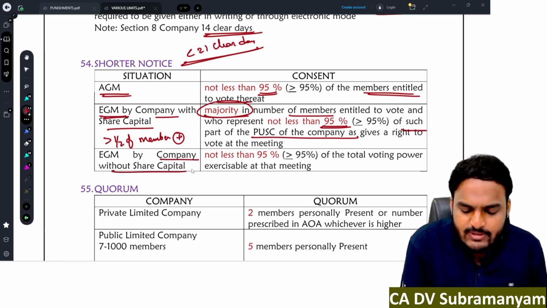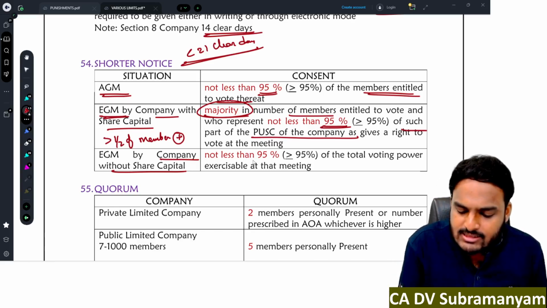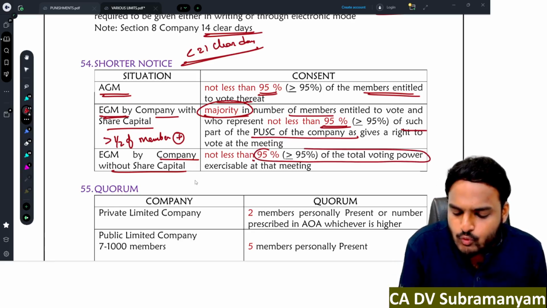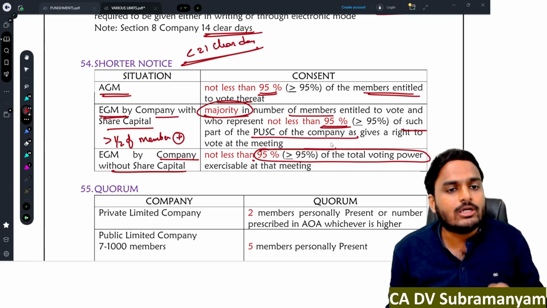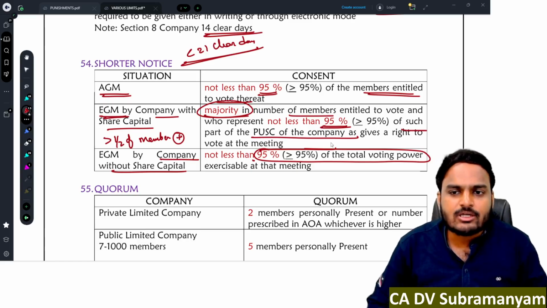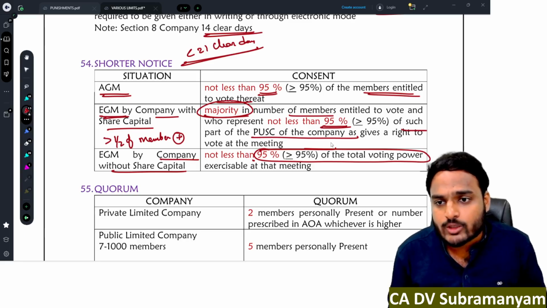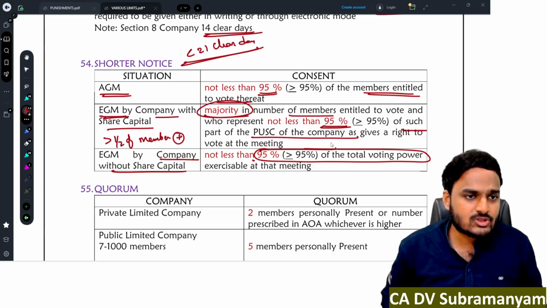If it is a company without share capital calling for EGM with shorter notice, then members holding at least 95% of total voting power must give consent to that shorter notice. Understood?